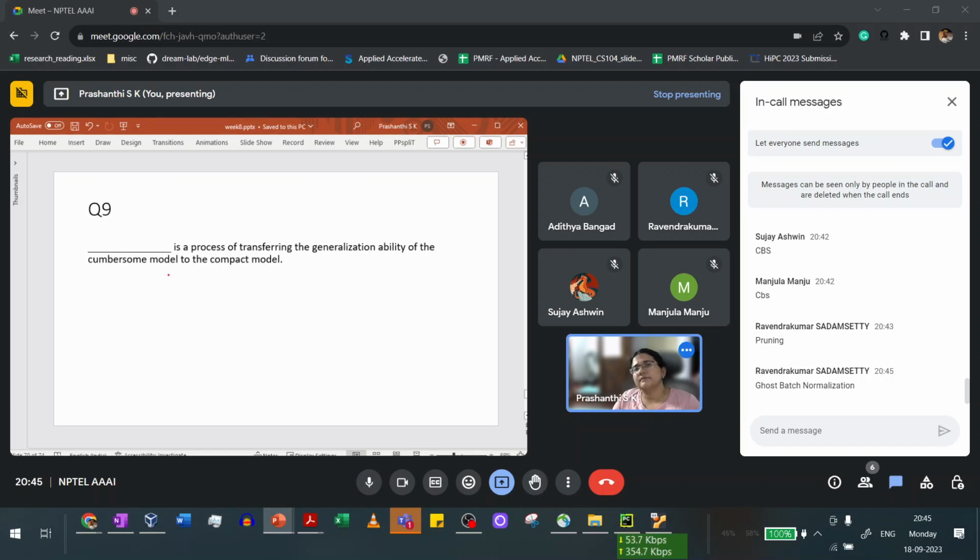Okay. But think of this part particularly. Maybe cumbersome is kind of a bad word. Let's say a larger model to a smaller model. We looked at this definition particularly. Inference, not really. Batch norm, okay. Anyone else?